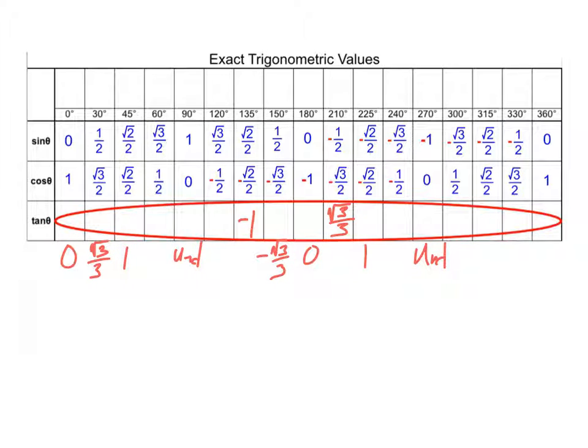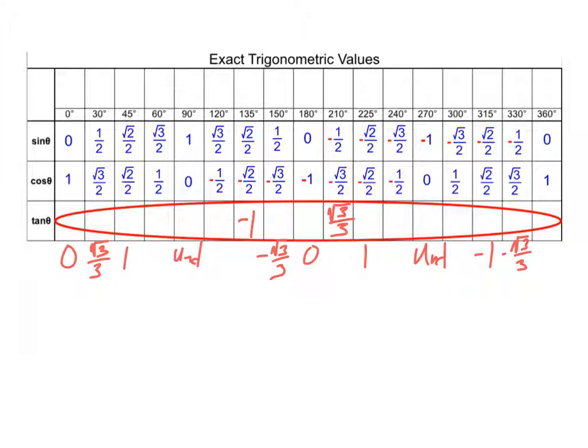300, we'll come back to it. 315, a negative divided by a positive is a negative, and otherwise it's the same thing divided by itself. 330, that one's like the 210 that we did earlier, because it's 1/2 over root 3 over 2. So we know we're going to get root 3 over 3, and then it's just a question of negative divided by positive gives me negative.